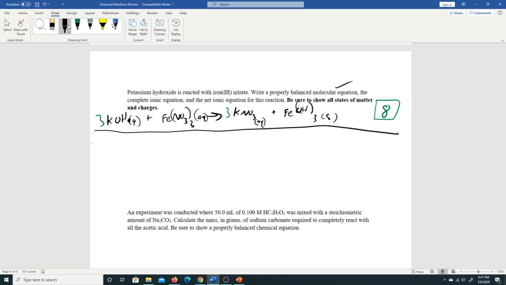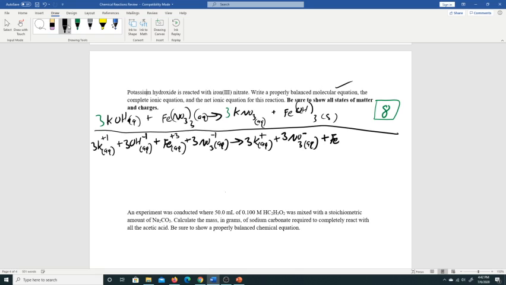So 3 times 1 K is 3K+ (aq) plus 3 hydroxides, 3OH- (aq), plus Fe3+ (aq), plus 3NO3- (aq), arrow, 3K+ (aq) plus 3NO3- (aq) plus Fe(OH)3 (s).